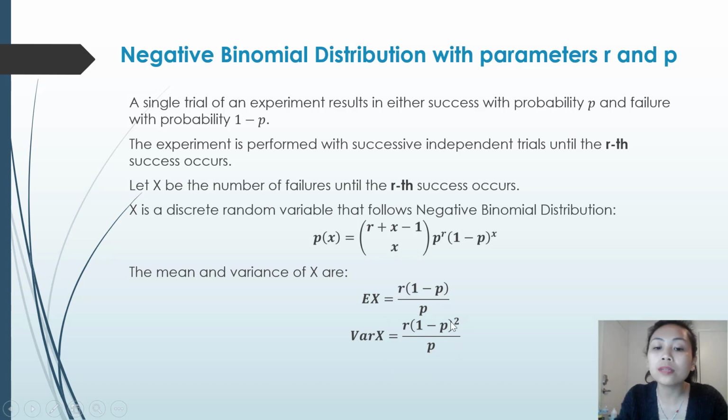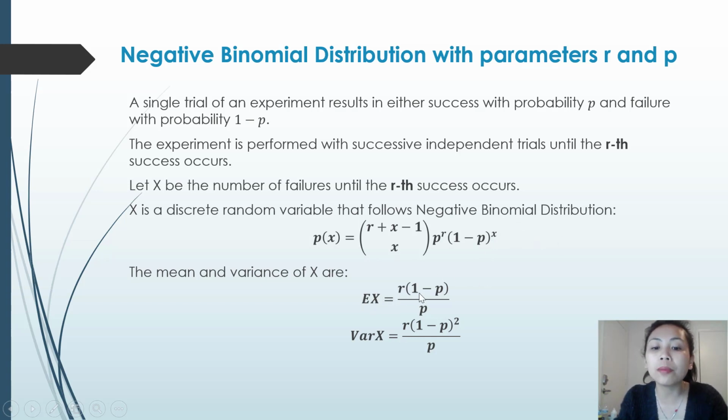So this looks similar to geometric, but the only thing is r here is not 1. If r is 1, we have geometric distribution, because if r is 1, p of x is (x choose x), p to the r is p, (1 minus p) to the x, so this is basically p times (1 minus p) to the x, and this is exactly geometric distribution.